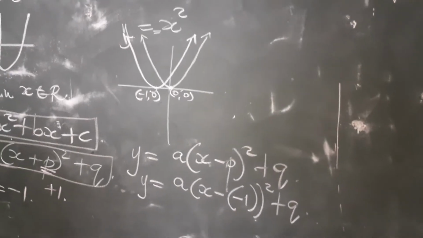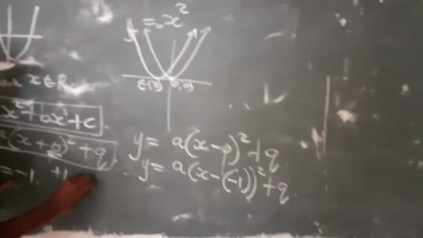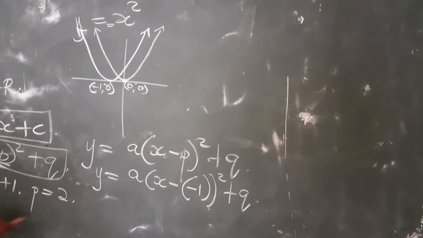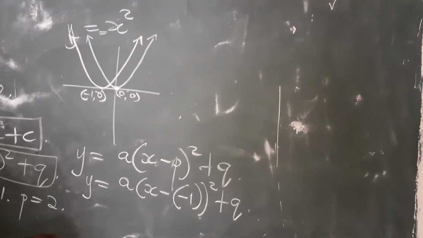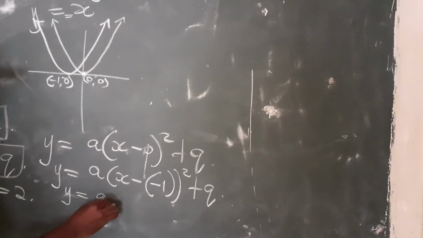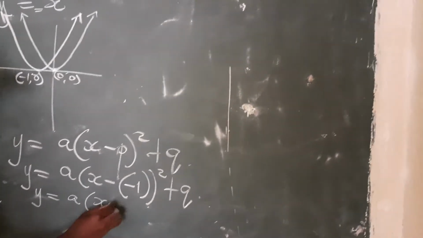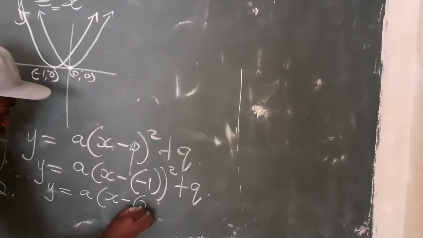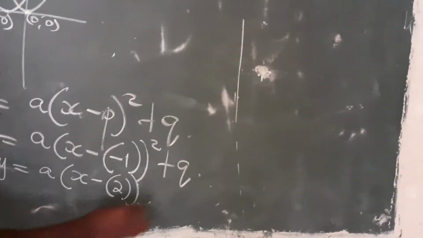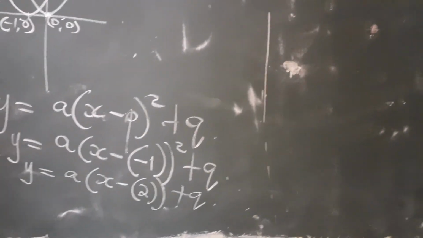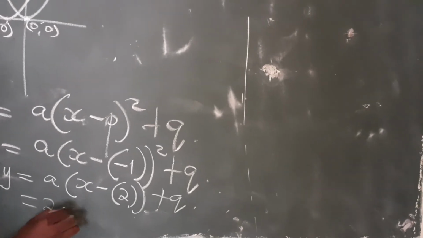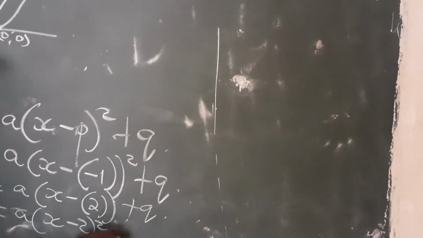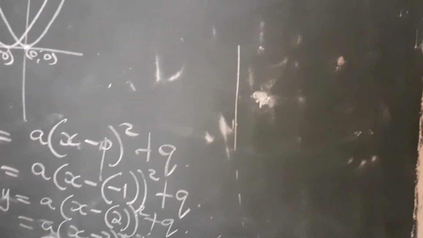But what if my p now is, let's take our p as 2? If our p is 2, therefore we are going to have y equals a into x minus the value of my p, which is 2, plus q. Therefore, it will be a into x minus 2 squared plus q.